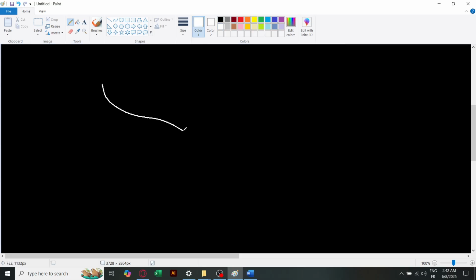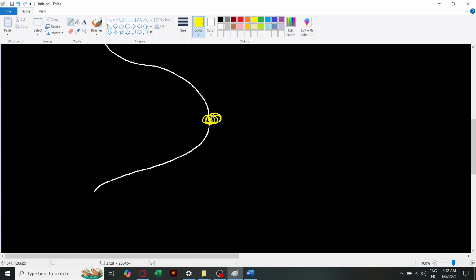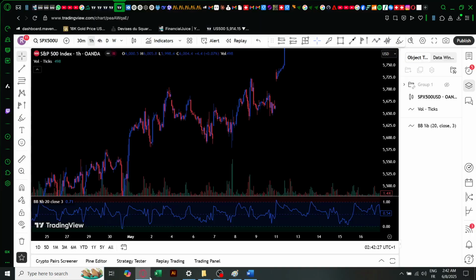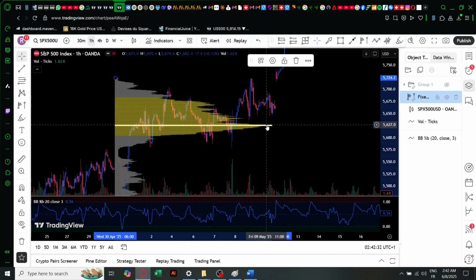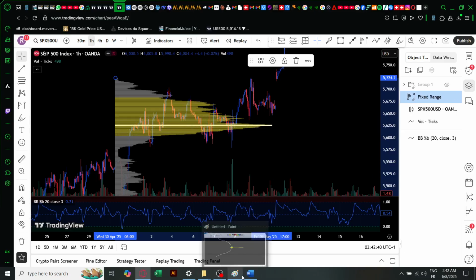So this is a normal distribution of volume profile, and we have the point of control, which is over here. For this example, it's over here, which means the level where the most contracts were traded.